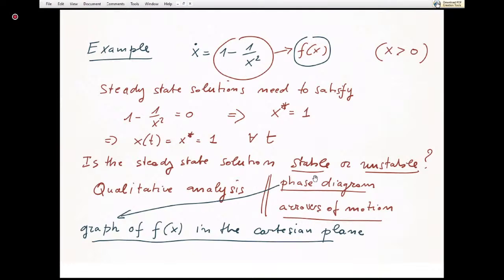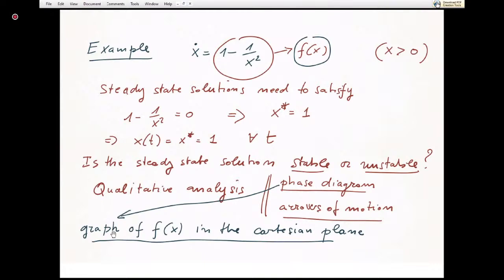Okay, in order to understand whether it is stable or unstable, we have to look at the so-called phase diagram, which is a diagram of this function in the space abscissa x, vertical coordinate x dot. Okay, this is the phase diagram. In the phase diagram, we will draw arrows of motion, and all of this is called qualitative analysis of the differential equation.